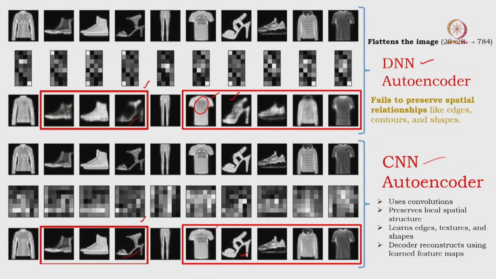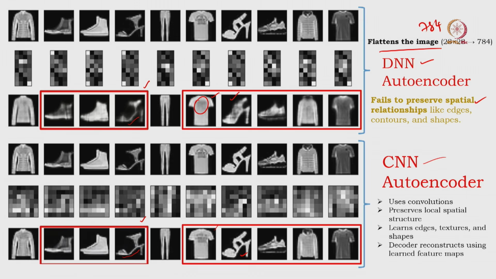Why all this is happening is because here you have flattened the image. 28 cross 28, when you have flattened it, you get 784. Because of this, it fails to preserve the spatial relationship. The edges, contours, and shapes are lost when you use a deep autoencoder.